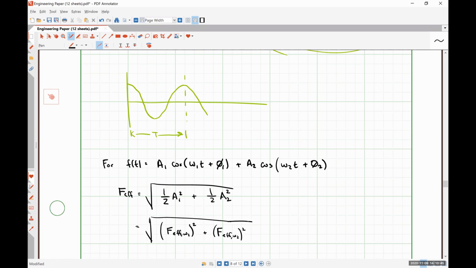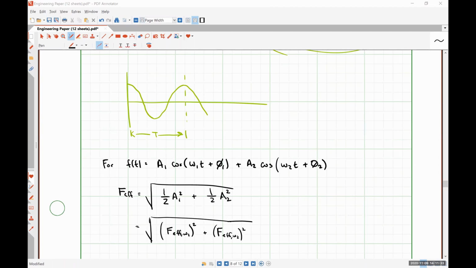So for example, let's circle back around to that WebWork problem. So problem 2, part C, my argument is that if I take the square root of 3 divided by the square root of 2, because that is the effective value of this first part, the sine part right there, with a frequency of 200t, and square it, and I add to that 6 over square root of 2 quantity squared.